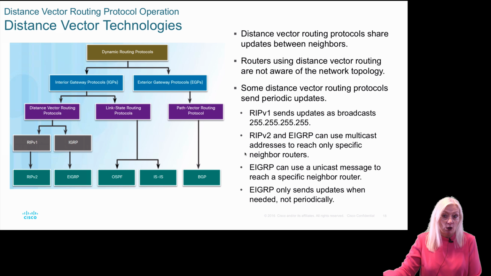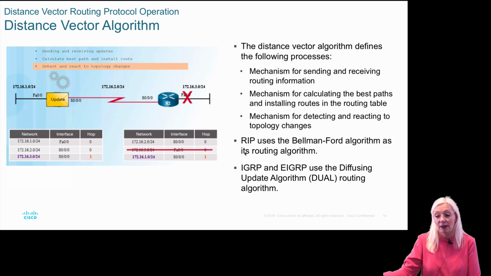RIP version 2 also uses multicast addresses when it sends updates out, instead of using broadcast. RIP sends out periodic updates, which means every 30 seconds it will send an update of the routing table, whereas EIGRP sends out updates only when needed and not all the time.